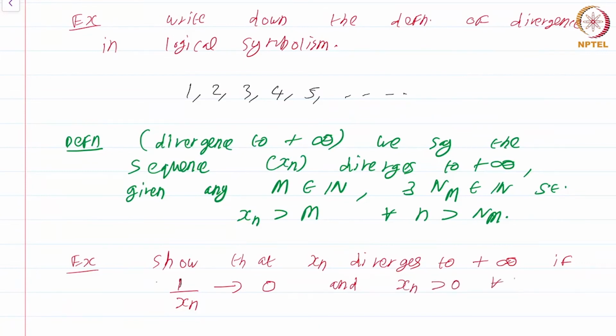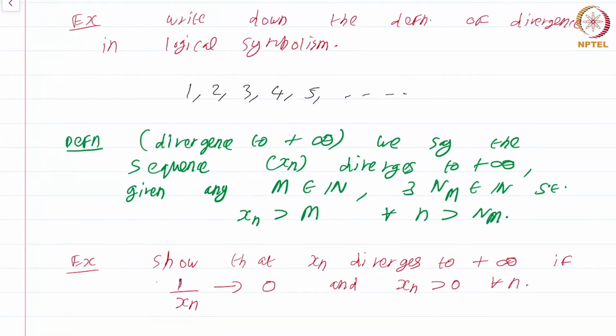This is not the best statement that you can make, but this is a straightforward exercise to show that a particular sequence xn diverges to plus infinity if xn's are all greater than 0. All you have to do is show 1 by xn converges to 0. This is not the absolute best statement that we can make, but this is a good start.